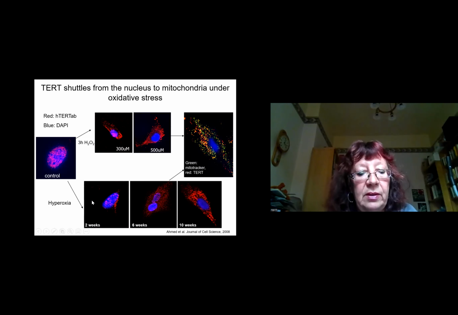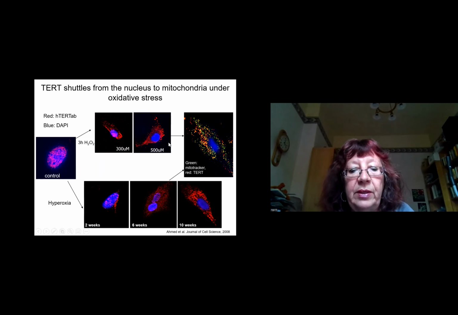While it's very quick, if you apply 3 hours of either 300 or 500 micromolar of hydrogen peroxide, you can appreciate that the protein, which previously was in the nucleus, either partially or completely leaves the nucleus.